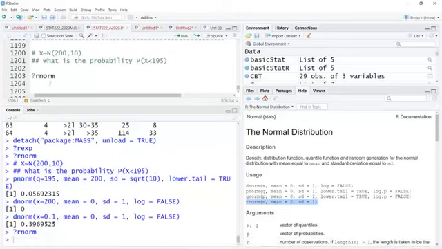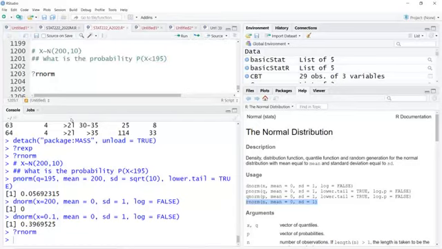Now, I want to solve this problem. There are two ways: I can convert this to a standard normal, or I can do it straight away. Now, because this is P, I will need P, right?